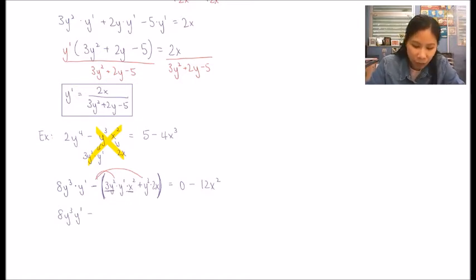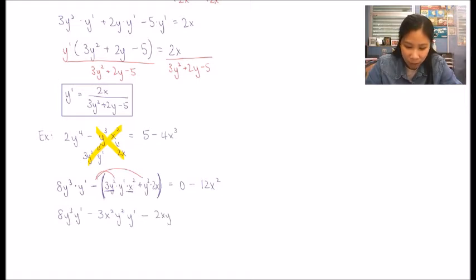So the 3y squared I'll multiply with the x squared to become 3x squared y prime. Oh, not plus. It'll be minus because I'm distributing the negative sign. 2xy cubed. I like to put my letters in order alphabetically. Okay, equals negative 12x squared.